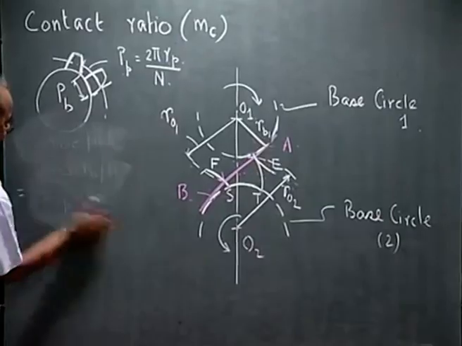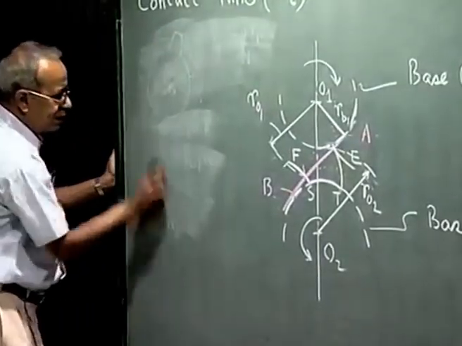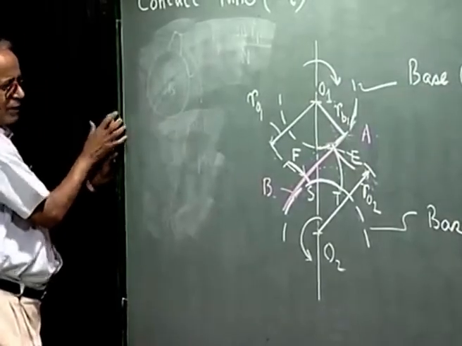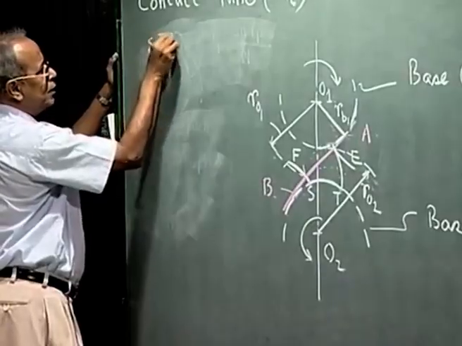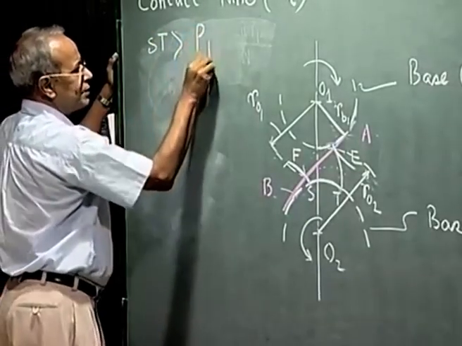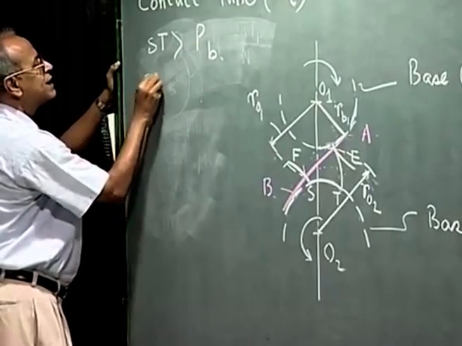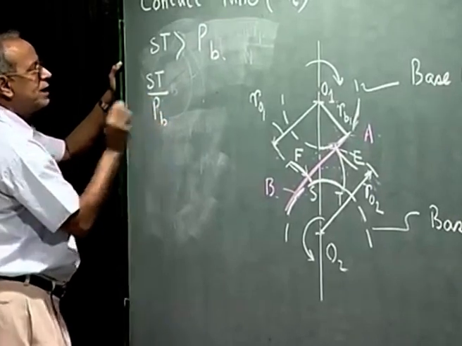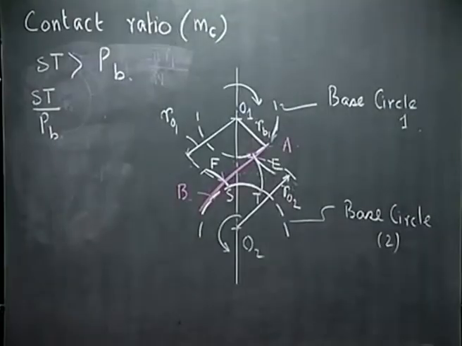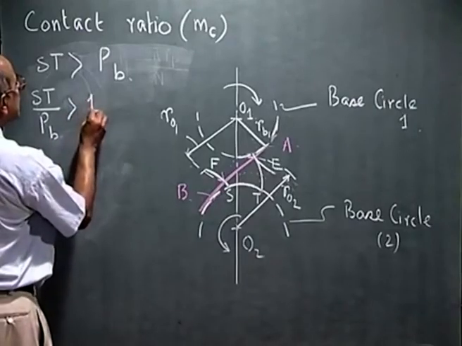So, to maintain contact all the time between these two pairs of gears, ST must be more than the base pitch, and it is this ratio, ST by the base pitch PB, which I have defined just now, that must be more than 1.